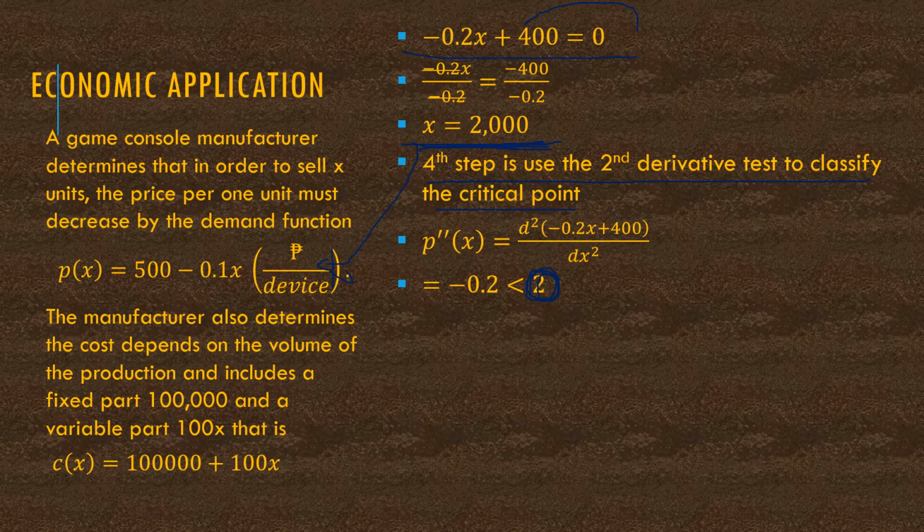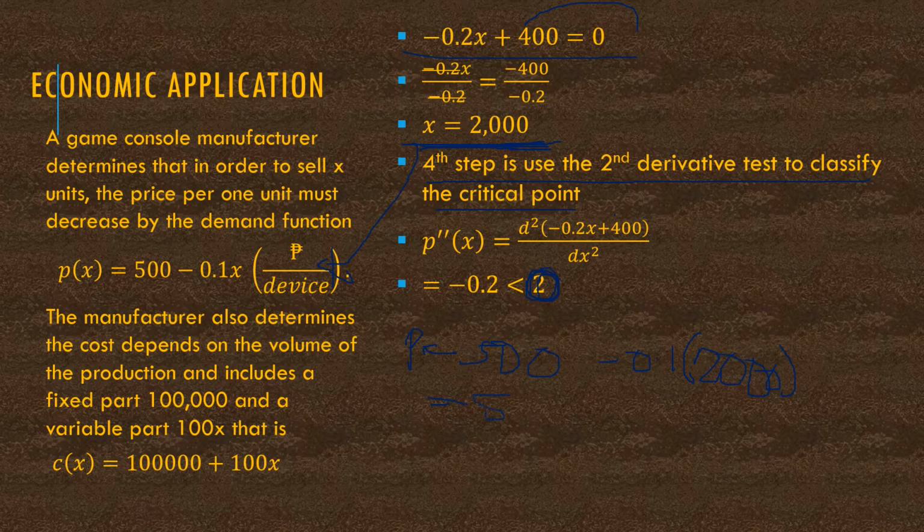So what is the price? If you're going to determine the price of the product, substitute it here. So the price here is considered to be 500 minus 0.1 times the 2,000. Okay, so we have here already 0.1 times 2,000 will give you 200.